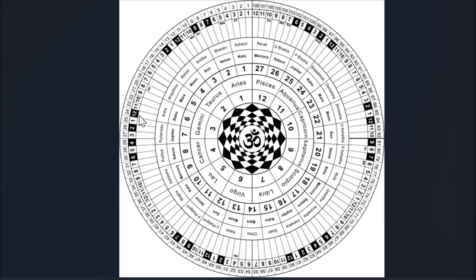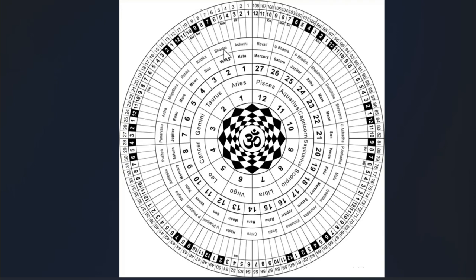Then it will again start with 1. So basically you will have a total of 108 Navamshas, because 9 into 12 is 108. But those 12 will repeat again and again. Did you get this?